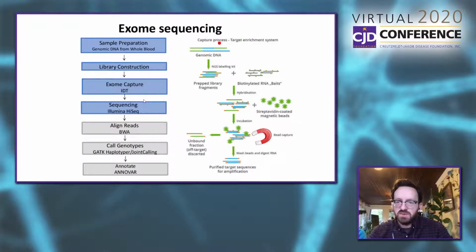That's performed by taking the whole DNA from a patient and extracting by hybridization with RNA probes that are annealed to the DNA that correspond to the exons within the protein coding genes in the genome. So we take those DNAs, we perform this capturing protocol, and then we perform next generation sequencing on the DNA. We then align the reads that we obtain from the samples to the whole genome and perform genotype calling.